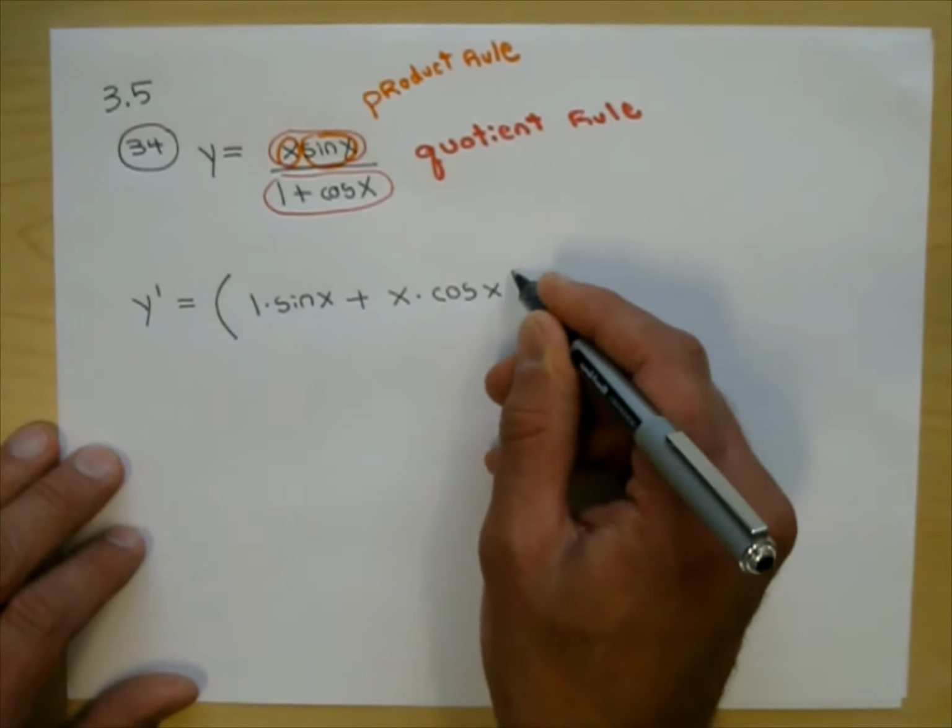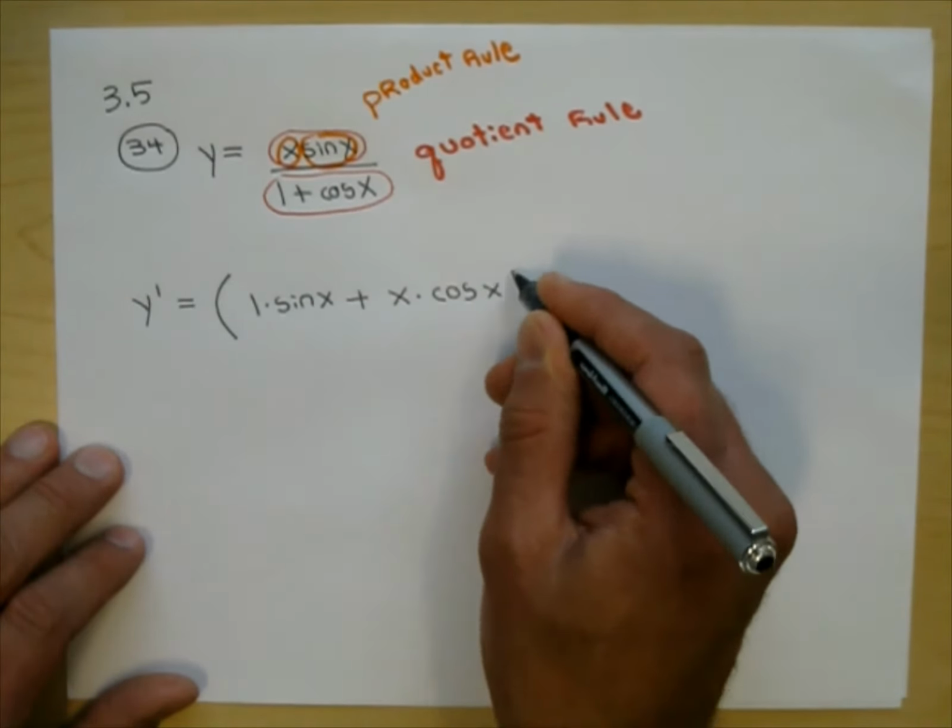Inside, plus x cosine x. Last, plus x cosine squared x. Okay, over here I have two negatives which make a positive, plus, and then we have x sine squared.